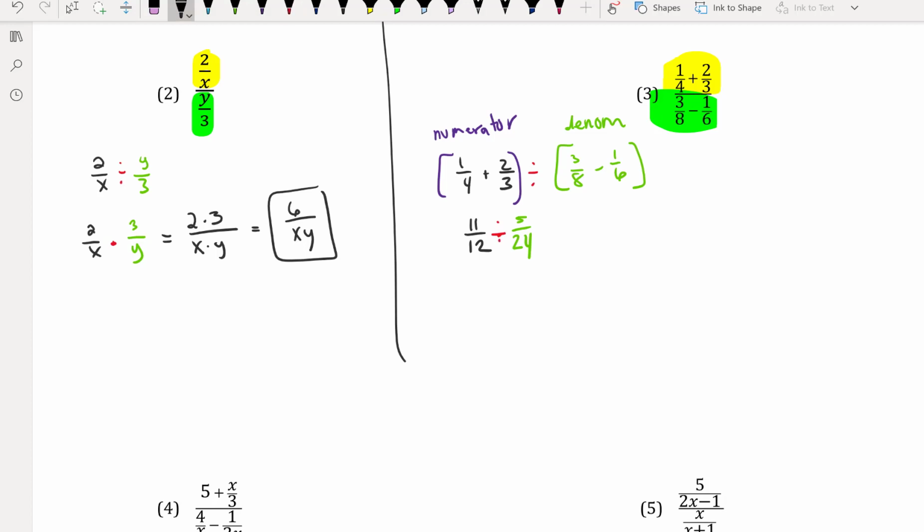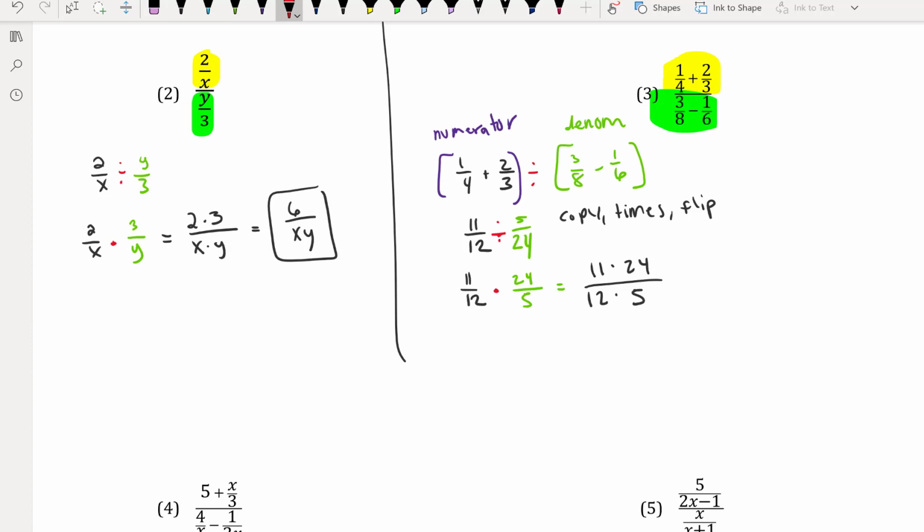At this point, I'm going to copy, times it, and flip. I copy the first fraction, which is 11/12, change it to multiplication, and then flip that fraction to be 24 over 5. So now I have 11 times 24, and 12 times 5.